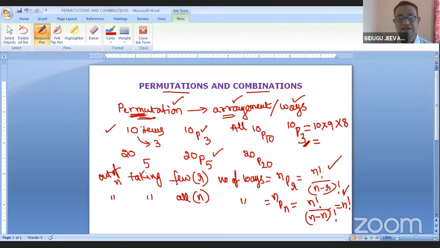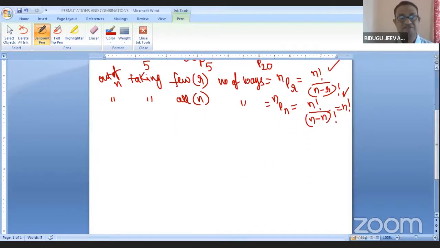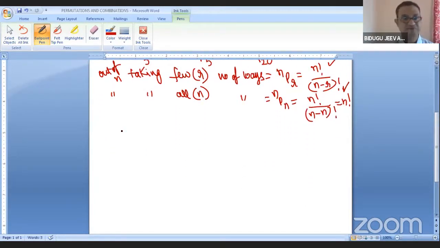We discussed permutation clearly. For example, I'll take one more. I have 5 people. I want to take 2. So the answer is 5P2. Simplification: 5 into 4, nothing but 20. Why have I written 5 into 4? Because 2 times. Is it right?